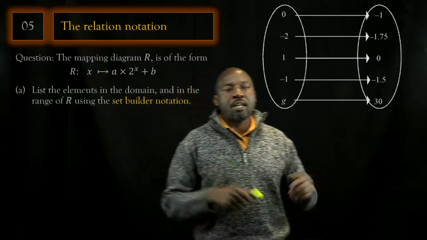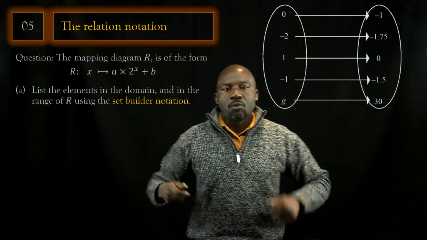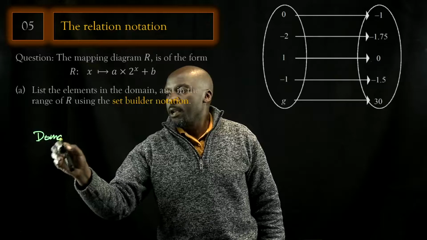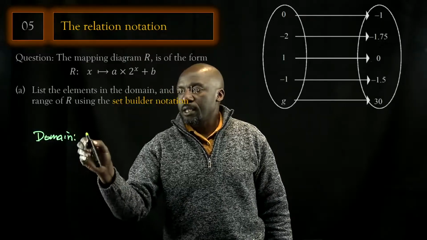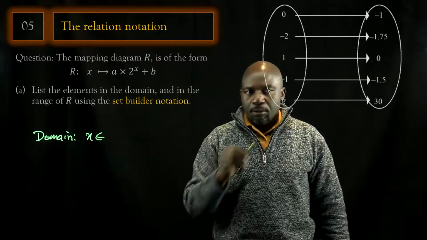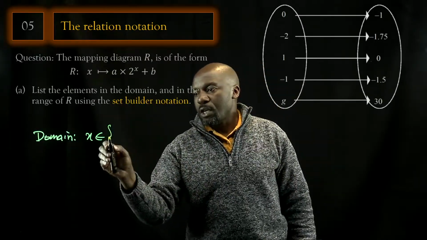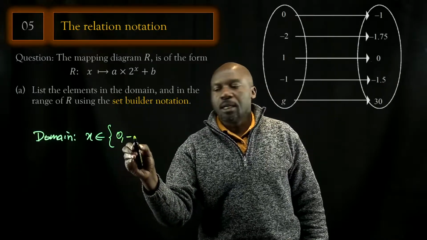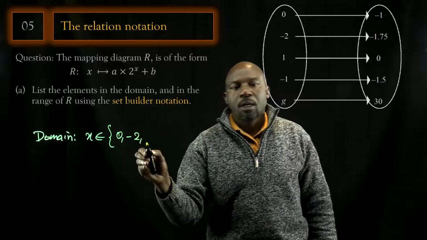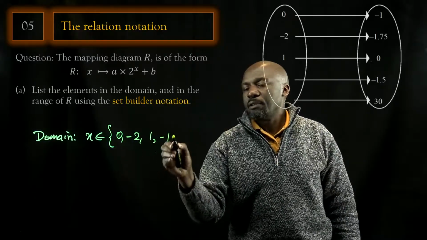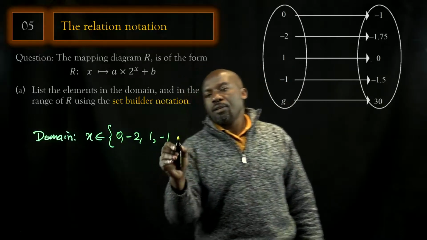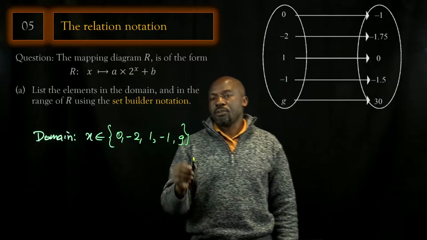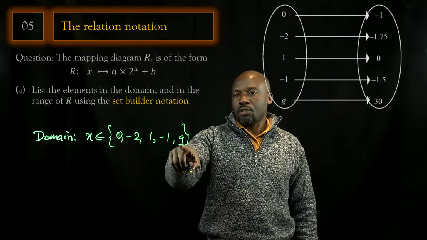So let's just say we will put it temporarily as G. So we can write that the domain is X. This is a discrete relation, so I just need to put that, and then I can put 0, -2, 1, -1, and G. So this is the domain using the set builder notation. This is a G, not 9.